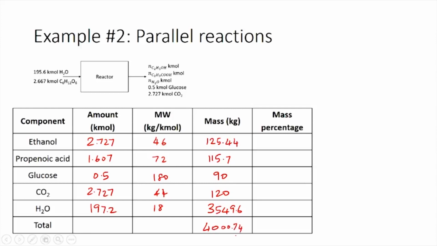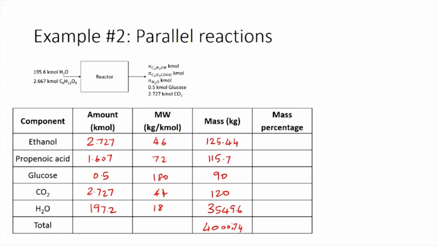One thing you would notice is we had 4000 kilograms of feed present initially. The value we are getting here is slightly off. This is not because of mass being created, this is just because of rounding off errors. If we had not rounded off and if we had used all the decimals, we would get exactly 4000. So, the numbers which we have used are slightly off because of rounding off errors.